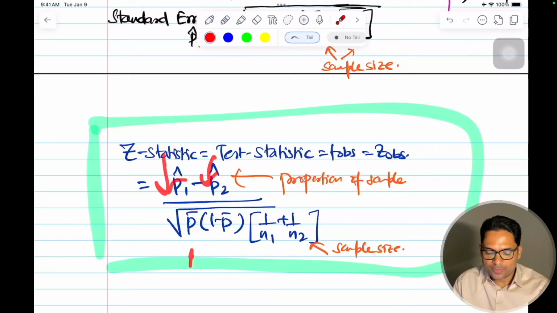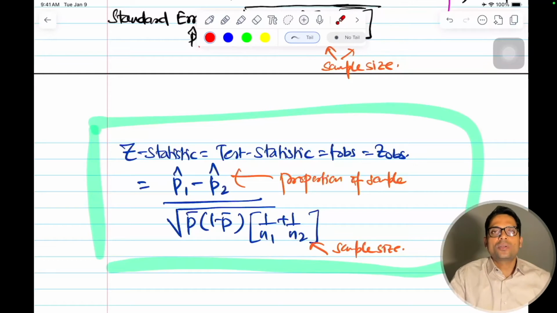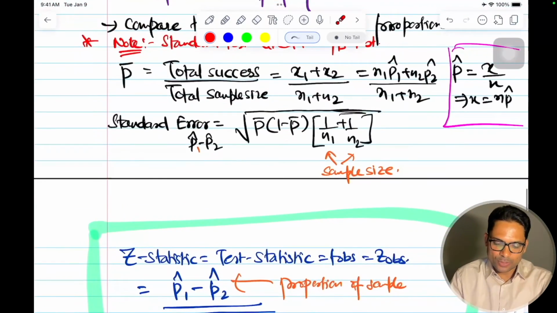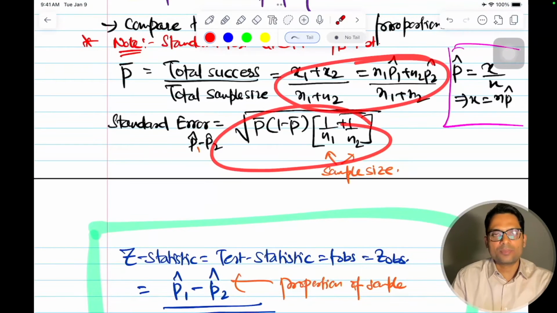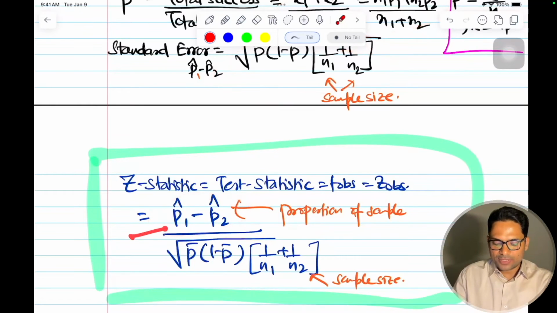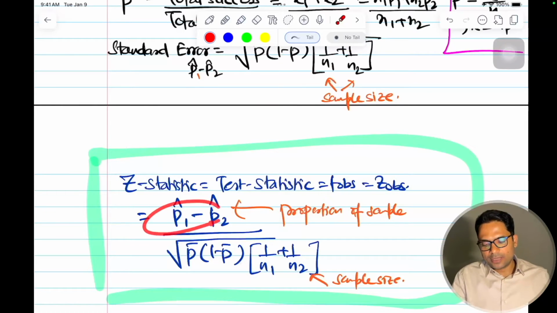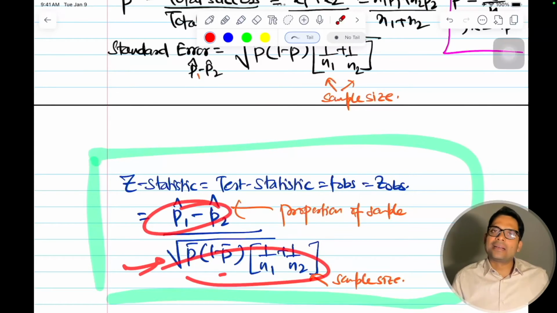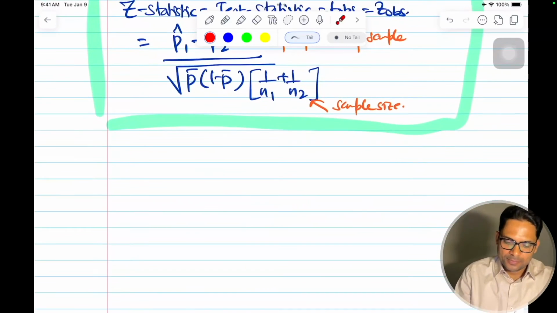If you understand the concept, plugging in the values will be very easy. So if this is clear, let's do a quick problem and understand this. I hope this is clear. The two sample test is just a formula. This formula comes from a derivation, so it's in a general format. Always we have some kind of difference in the numerator, and the denominator has some form of standard deviation. Let's move.